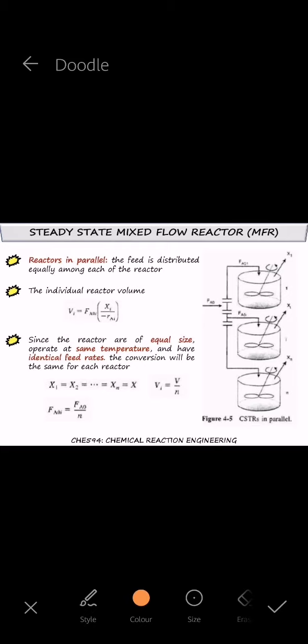Okay. So kalau untuk parallel, dia ada senang sikit, in which at every individual reactor, dia punya cara you nak dapat is, this is the equation.